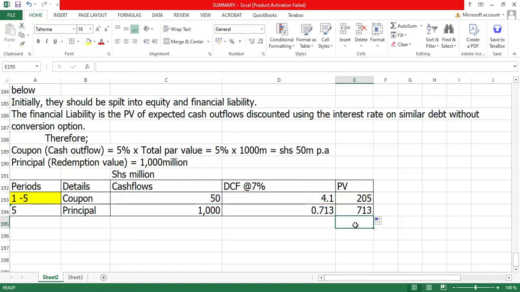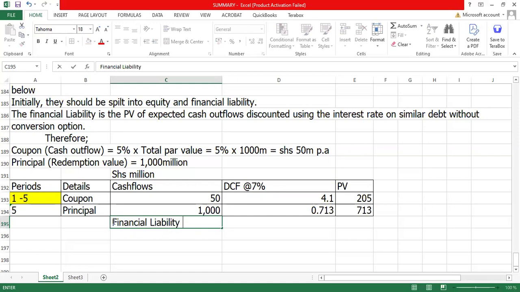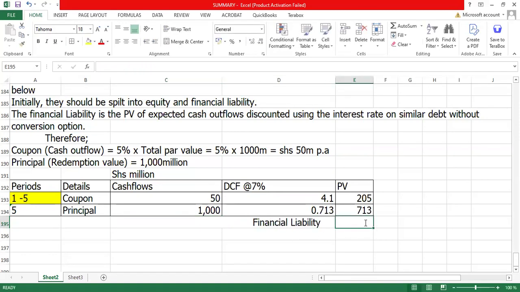Then the total, your financial liability is the present value of expected cash outflows. Here you have the cash outflows, so you sum up. And that is it.